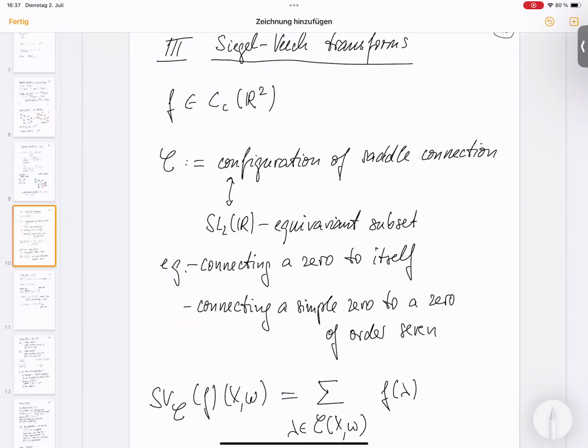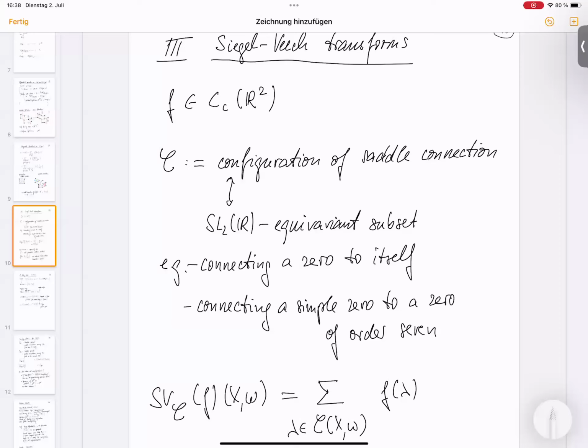Technically, it means that this is an SL2R-equivariant subset of saddle connections. So if you have, it means selecting the saddle connections on one surface, so that if you do it on a surface which is an element in SL2R times your original surface, you get a set which is SL2R times your original set. If that was too abstract, think just of a few examples.